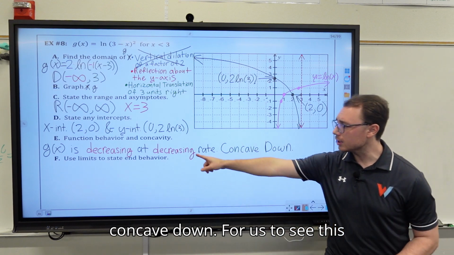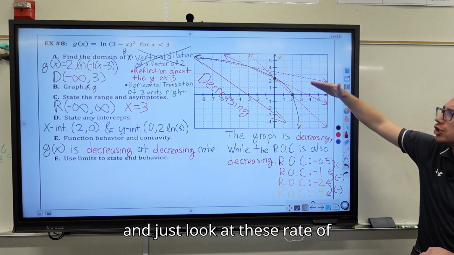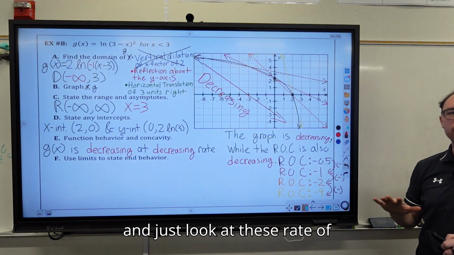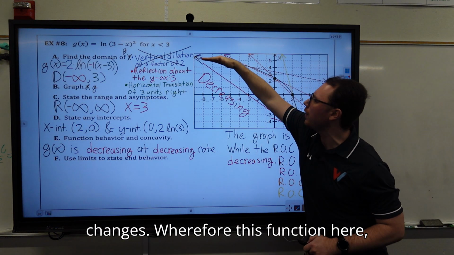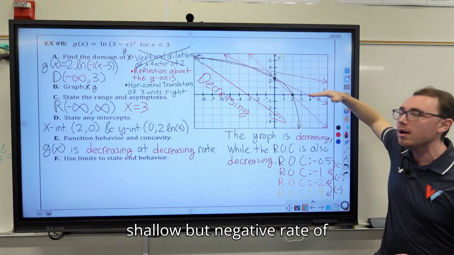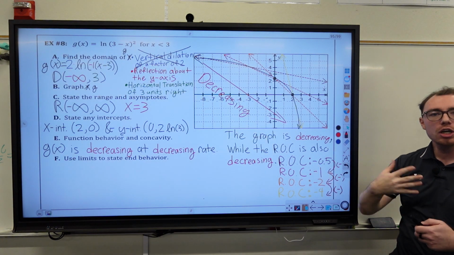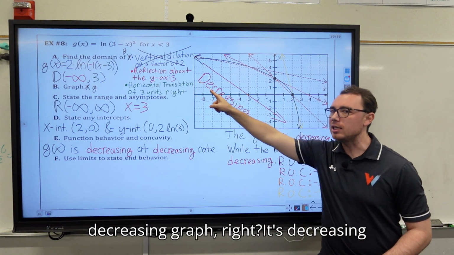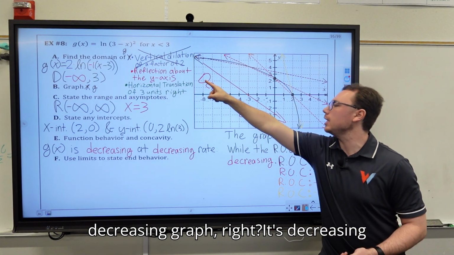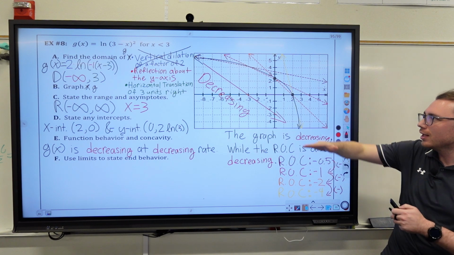For us to see this decreasing at a decreasing rate, we're going to remove all those graphs there and just look at these rates of change. For this function here, that maroon line is a very shallow but negative rate of change. The negative rate of change comes from the fact that this is just a decreasing graph. Right? It's decreasing over time, and it's going to be a negative rate of change.